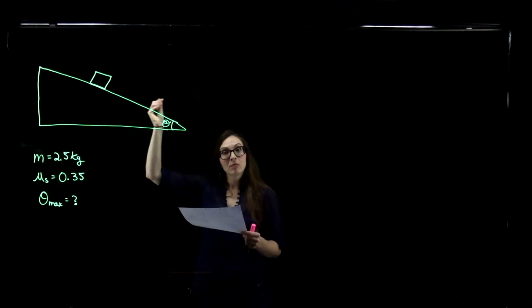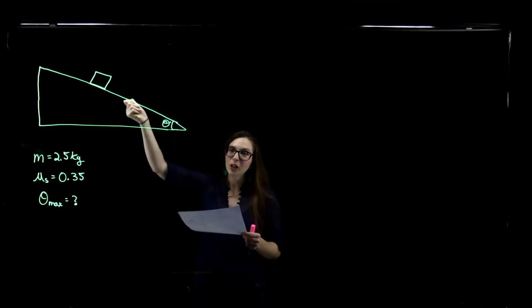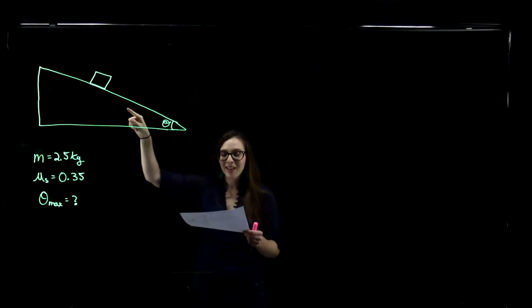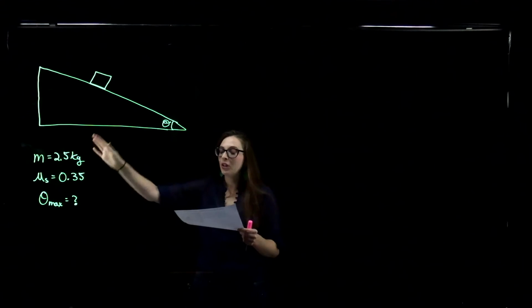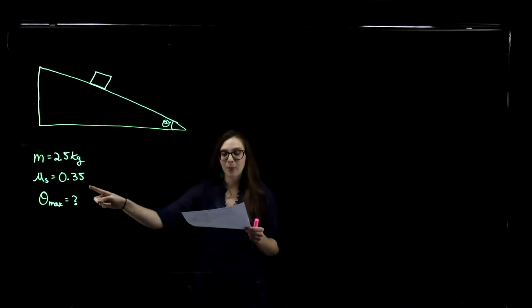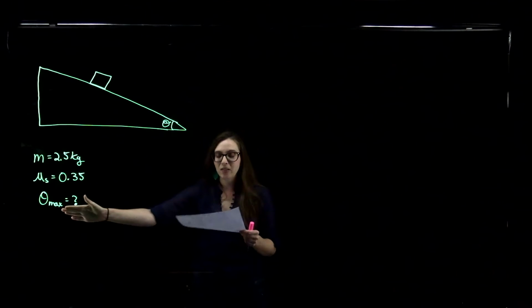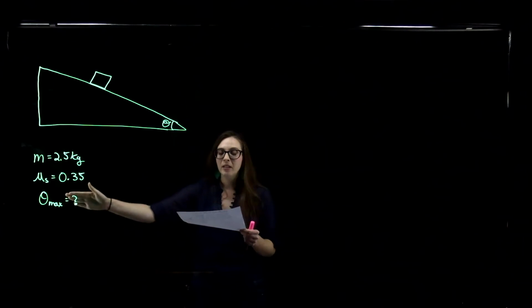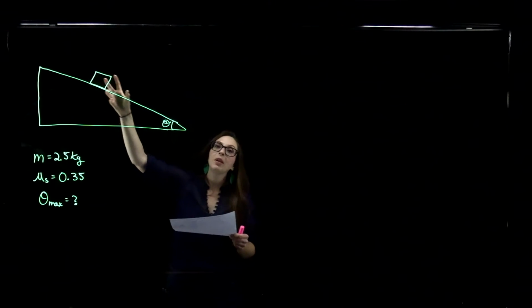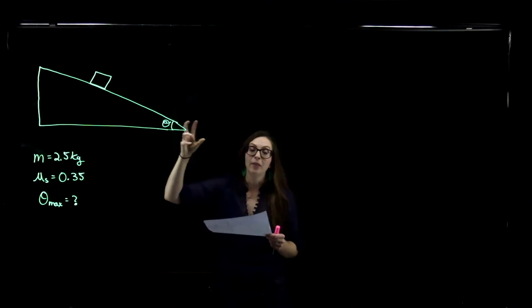There's a coefficient of static friction of this ramp, so this problem is going to involve friction. The coefficient of static friction between the block and the ramp is 0.35. We want to find what is the maximum angle this ramp can make with the horizontal before our block starts to slide down the incline.